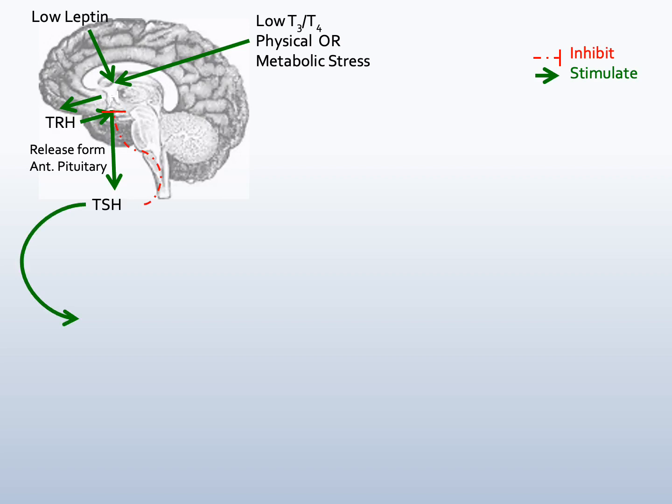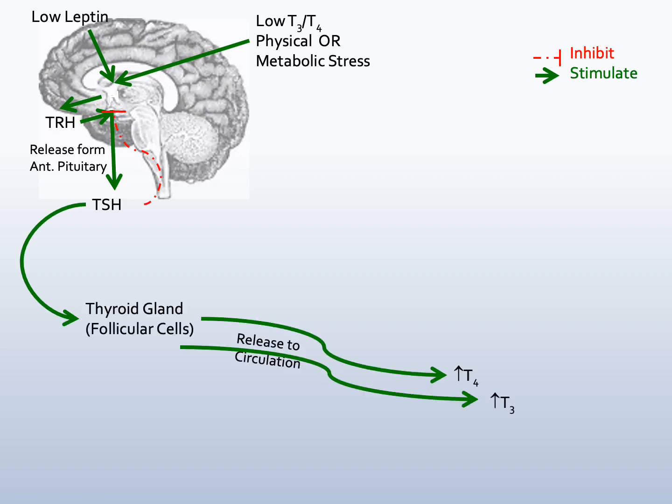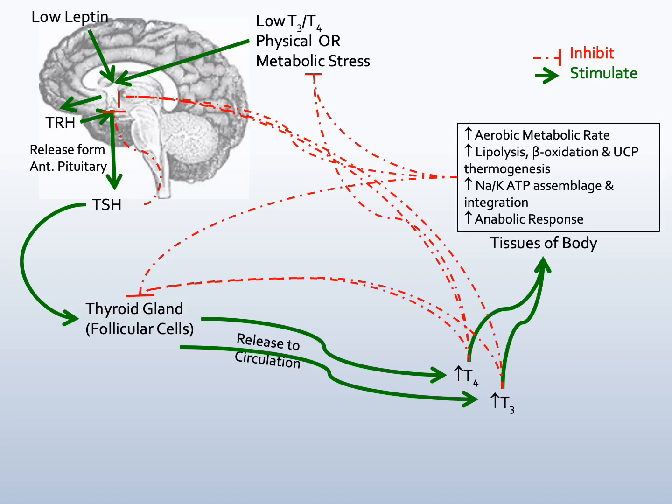That thyroid stimulating hormone will immediately inhibit the hypothalamic response to TRH, and will stimulate the follicular cells to increase the production and then release of T3 and T4. T3 and T4, as they go into circulation, will start to inhibit the follicular cells, and then start to interact with all of the tissues of the body.